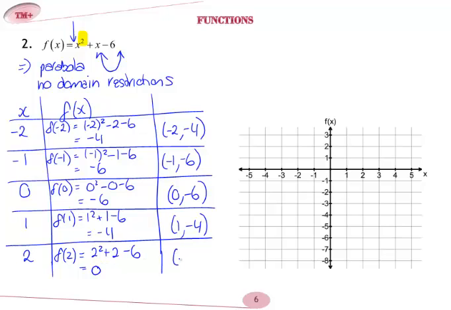Now one thing I have noticed here, these values are the same, so the turning point must happen somewhere in between those 2 points. So (-2, -4), (-1, -6), (0, -6), (1, -4), (2, 0).